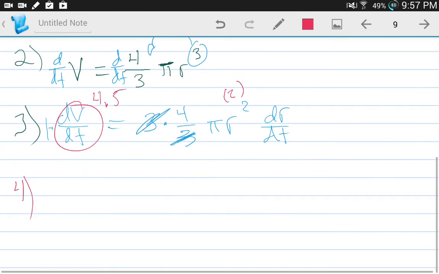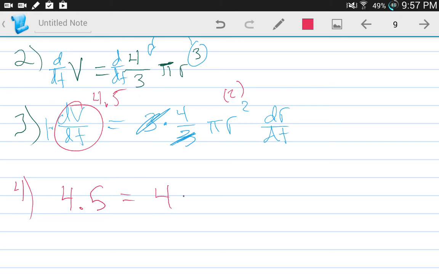So now we get 4.5 equals 4 pi times 2 squared dr/dt. I'm just going to add in my units because we want to have units. So this was feet cubed per minute, and this was just feet.